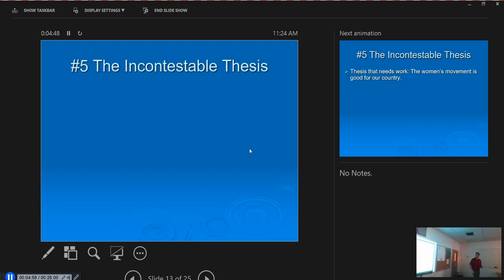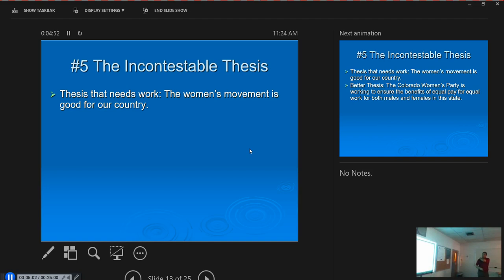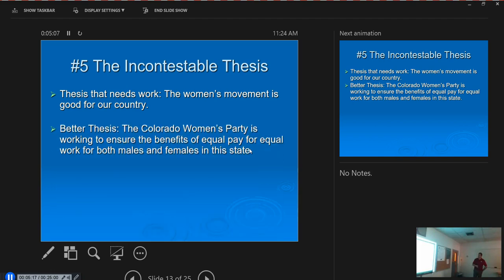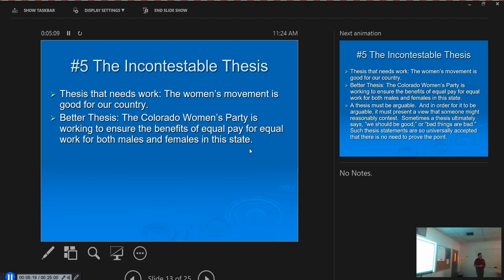The incontestable thesis. Here's a thesis that needs work. The women's movement is good for our country. Well, most reasonable people would say that equality is a good thing. It's hard to debate with this topic. But here's a more specific thesis that gives us something to prove throughout the course of the essay.